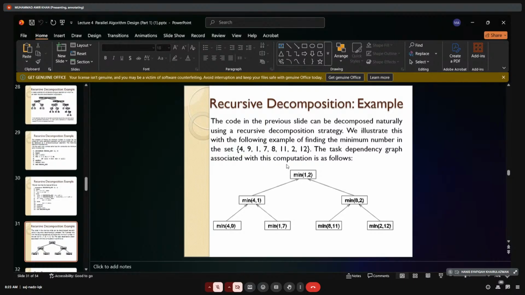So we get the minimum values, which are 1 and 2. Very simple. We have just used the minimum function. We can decompose our problem like this. This we call recursive decomposition. Very easy, very simple.